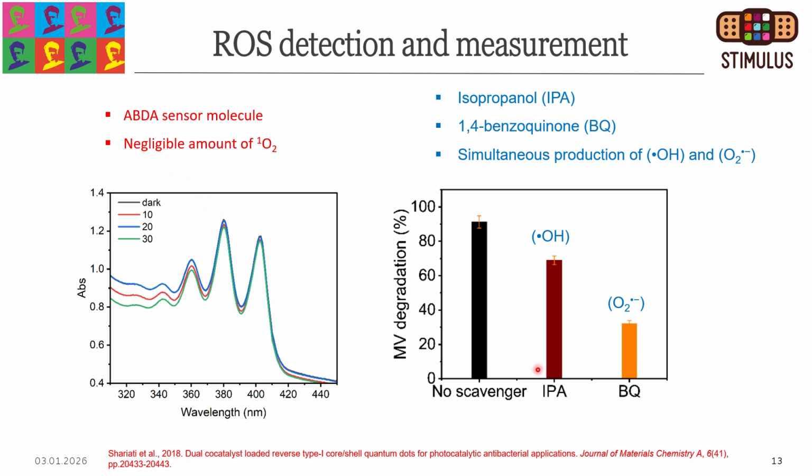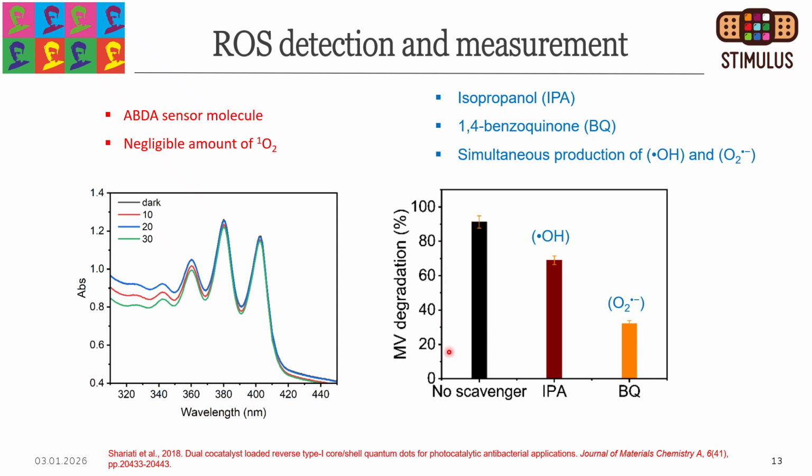But when we introduced IPA, isopropanol, the degradation rate decreases from 90 to 60-70%. That means that we also have a small amount of hydroxyl radical generation. And when we introduce BQ, the degradation rate decreases to around 30%.